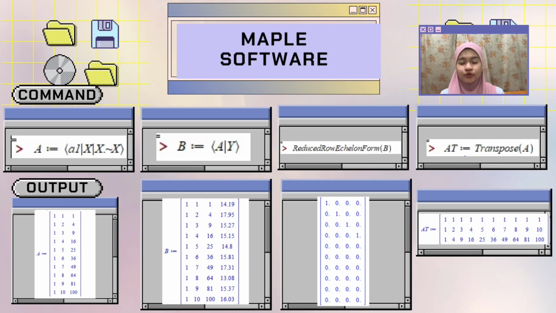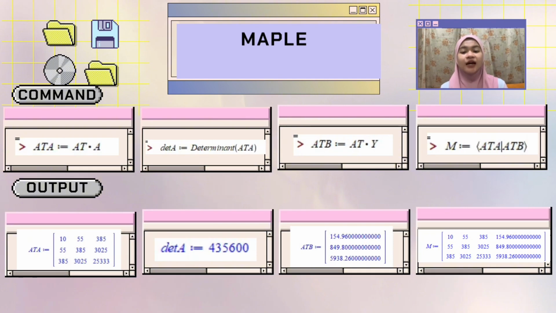After that, we have to transpose A using the function transpose. Then we need to declare a new matrix which is ATA in order for us to find the determinant of ATA. Same goes with ATB, and then we get the new matrix which we declare as M from ATA and ATB.